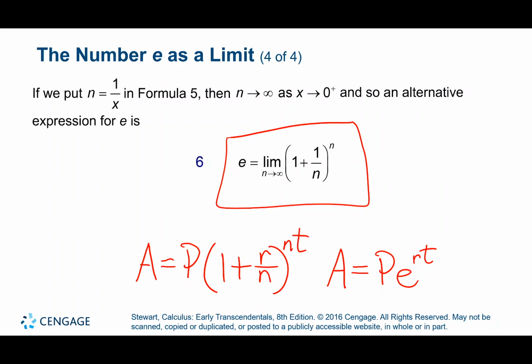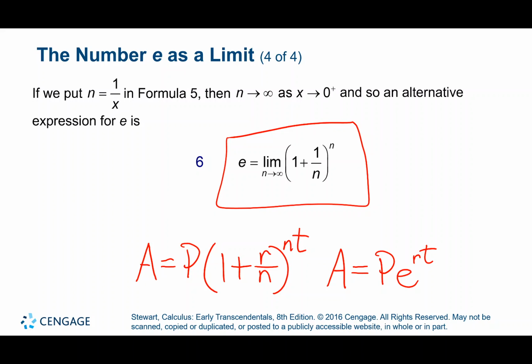So e comes out of that. There's one place it comes up a lot. There's just an alternate definition for e. There are tons of ways you can define e. It pops up all over the place.